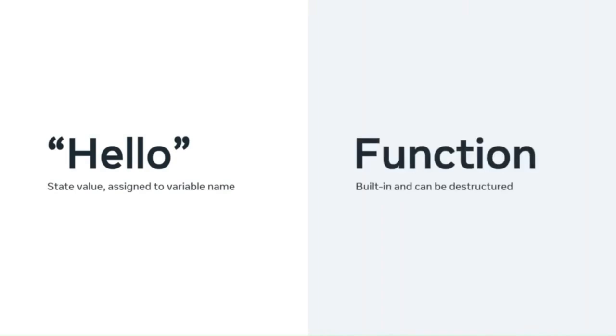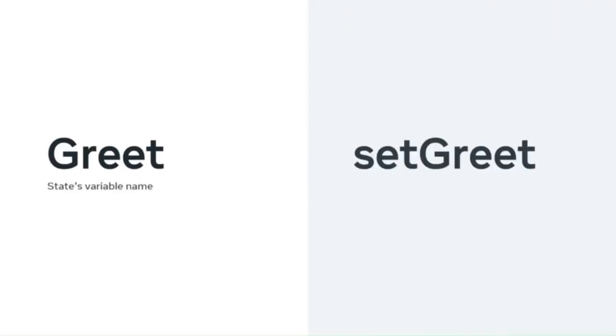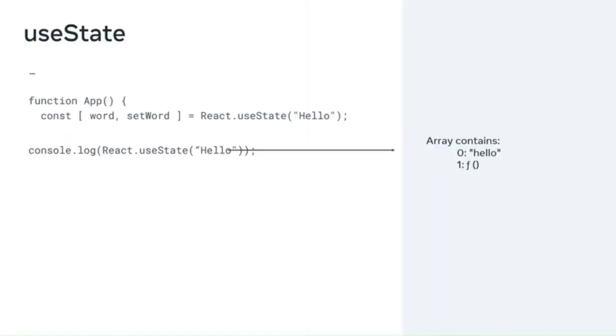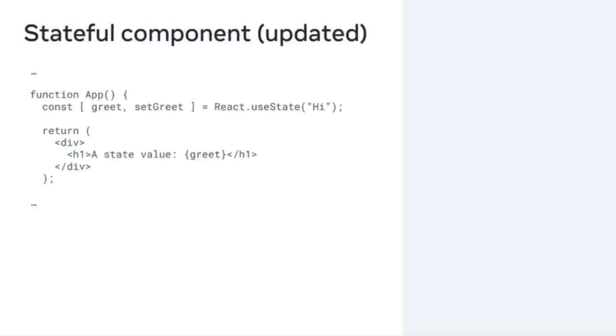The function can be destructured with any name you'd like, but there is a convention to follow. If you set the state's variable name to be greet, then the destructured state function should be setGreet. This is because the second destructured variable is a function that will be used to update the state of the variable. So, let's examine an updated version of the stateful function component.